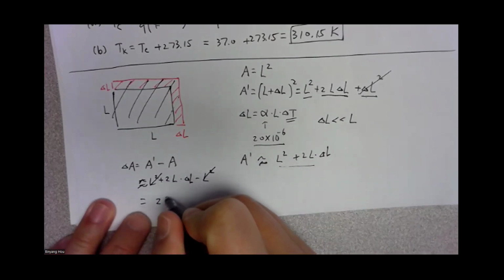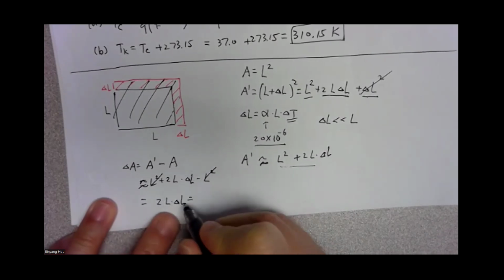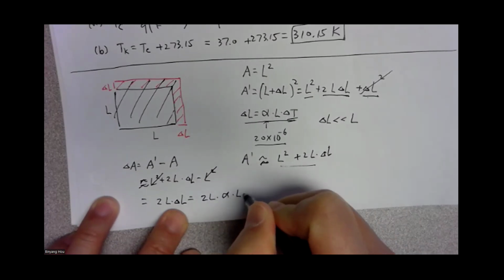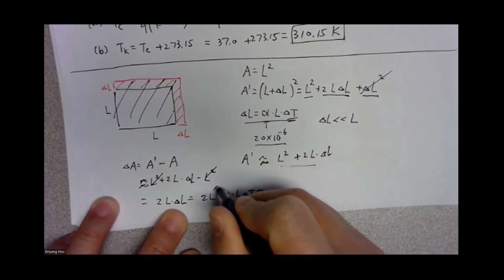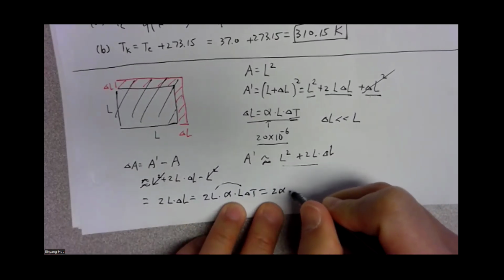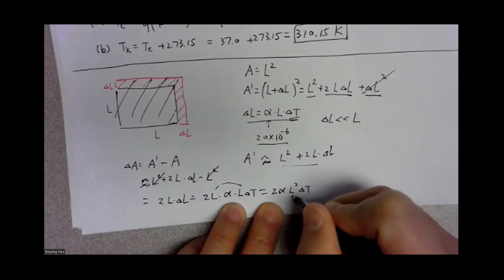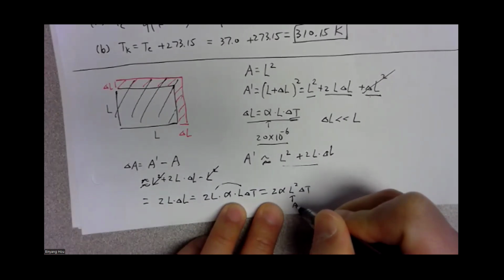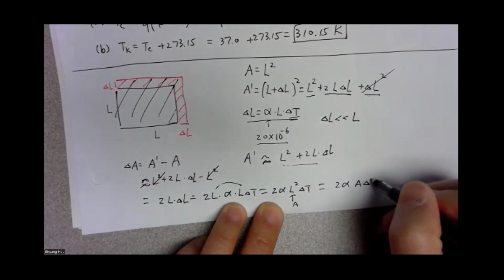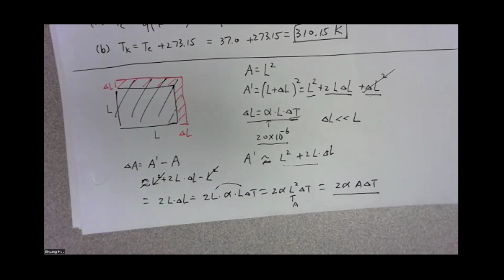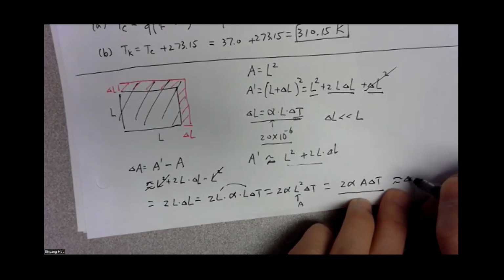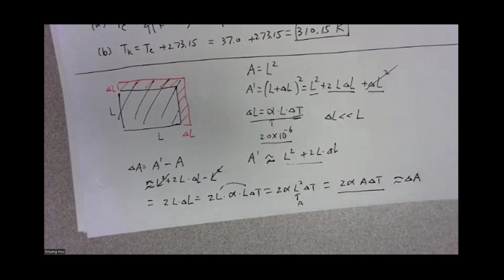So then this is 2L times delta L, where delta L is equal to alpha times L times delta T. So L and L becomes L squared, and you can write 2 alpha L squared times delta T. Now L squared is A, the original area, right? So this is 2 alpha A delta T. And this is exactly equal to delta A, the change in area.